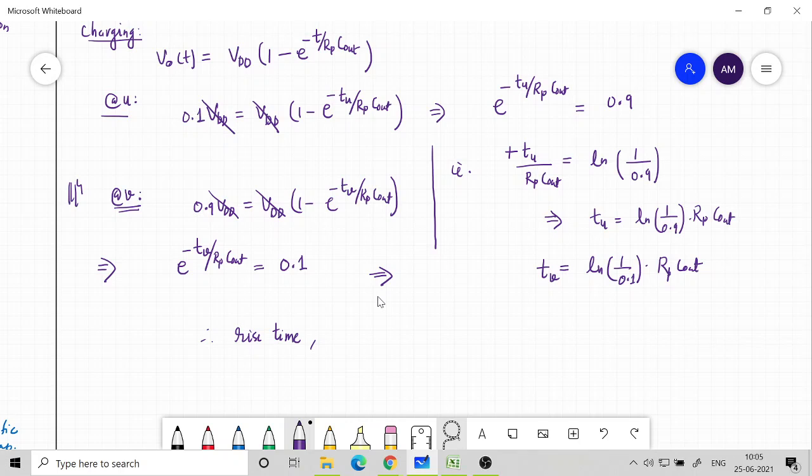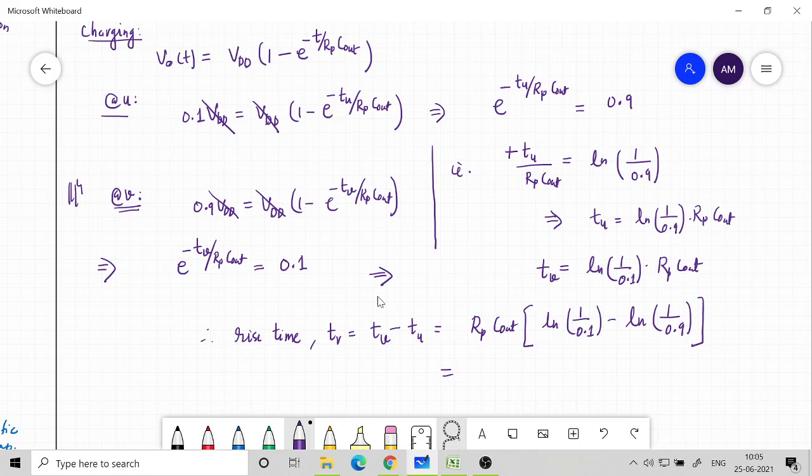So therefore, rise time is defined as TR equal to TV minus TU. RP C out is common, I can take it outside: ln of 1 by 0.1 minus ln of 1 by 0.9.